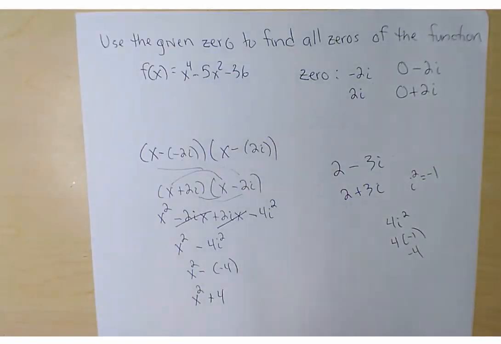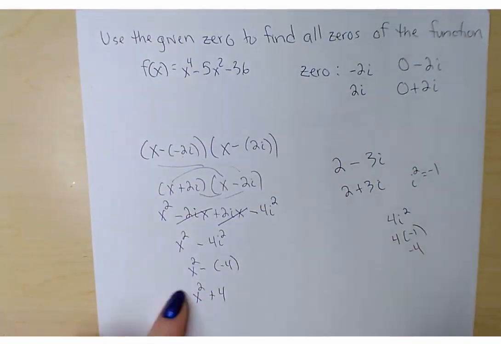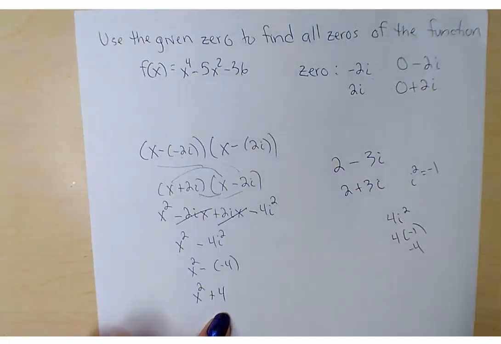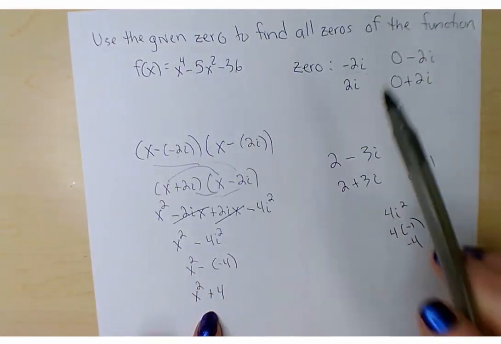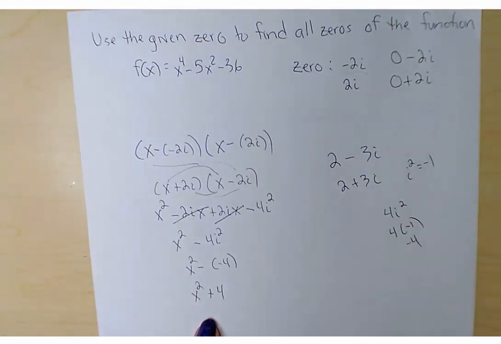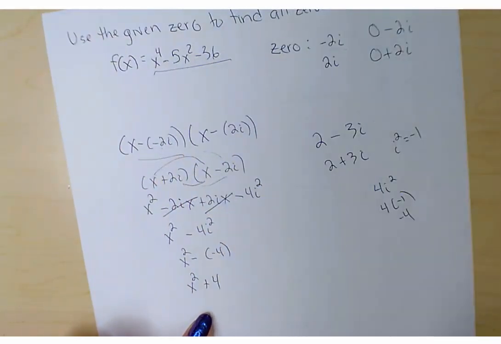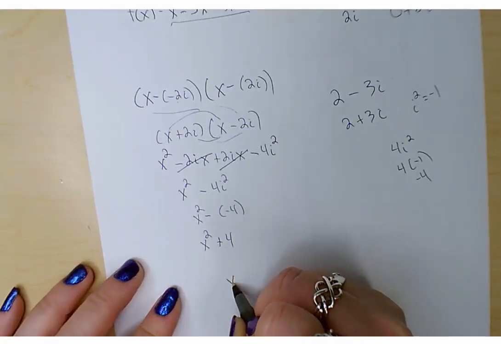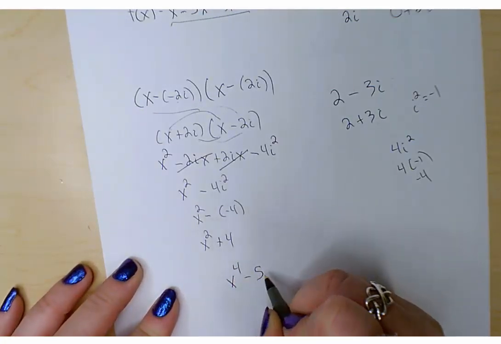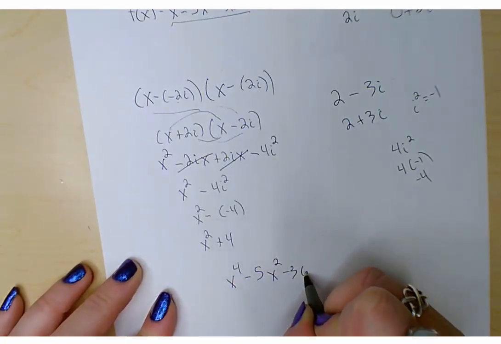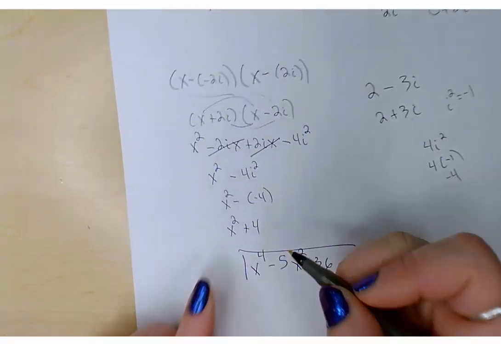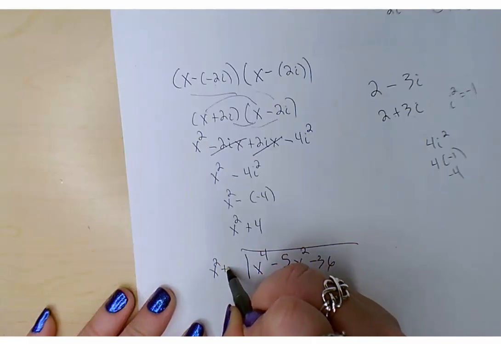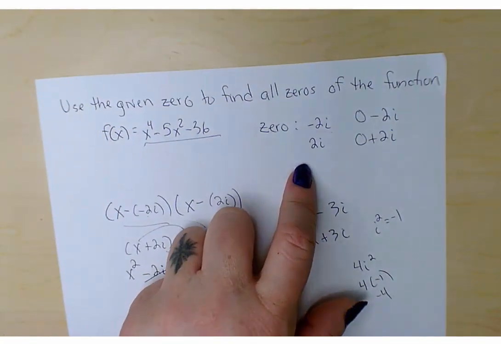So what we're going to do with this polynomial that we got is use the fact that we now know 2 of the zeros to create this quadratic equation based off of them. We're going to take our original polynomial, x to the 4th minus 5x squared minus 36, and do long division with this quadratic that we just built based off of the 2 given zeros.